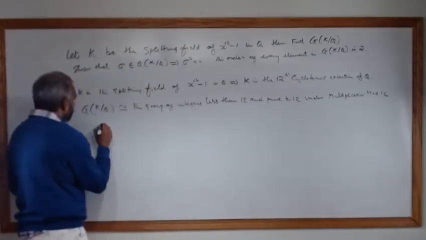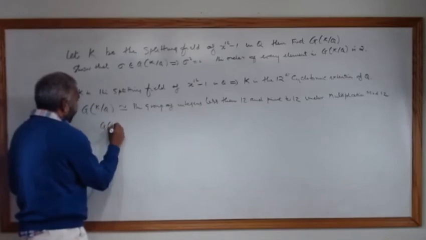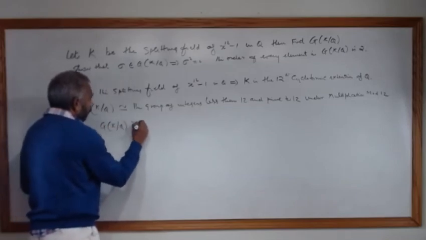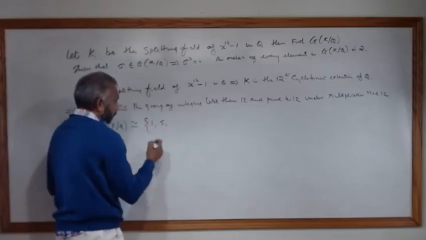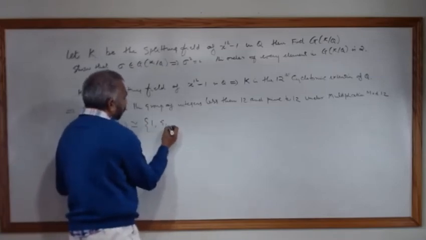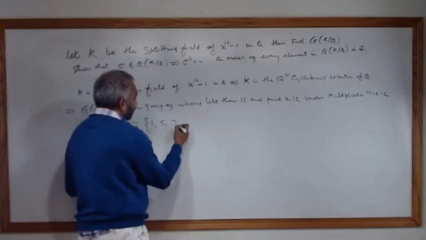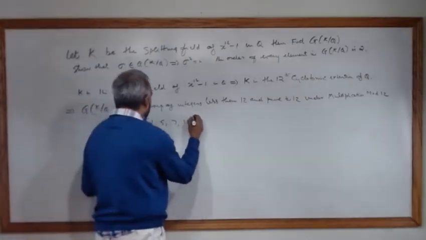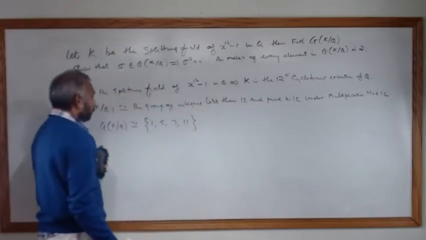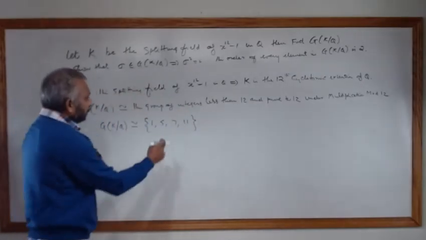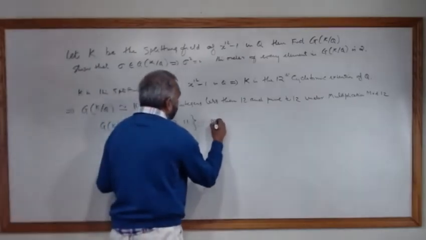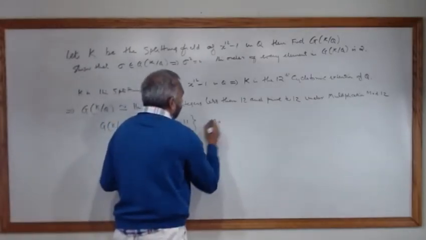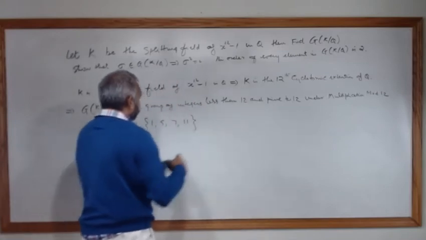So that is actually G of K is isomorphic to {1, 5, 7, 11} under multiplication mod 12.